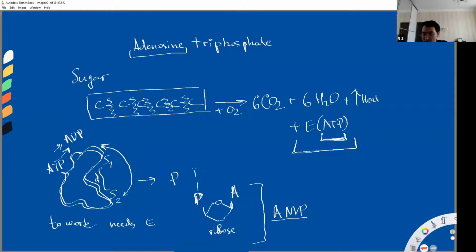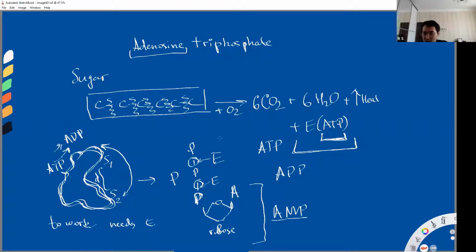Whenever we have another phosphate here, it becomes ADP. And when we add the third phosphate, it becomes ATP. And when it becomes ATP, it means that a lot of energy is stored in these two bonds. And whenever we break these bonds, we can use this energy, either this or both, in enzyme catalysis.